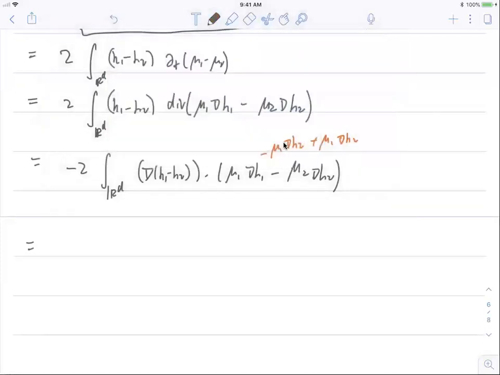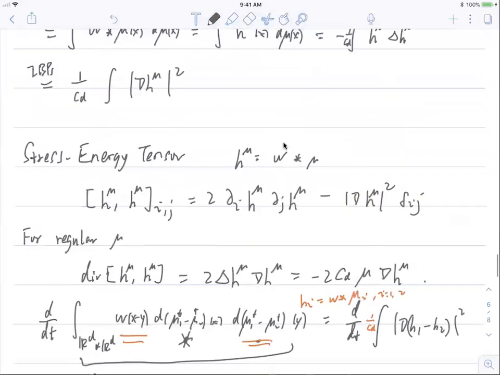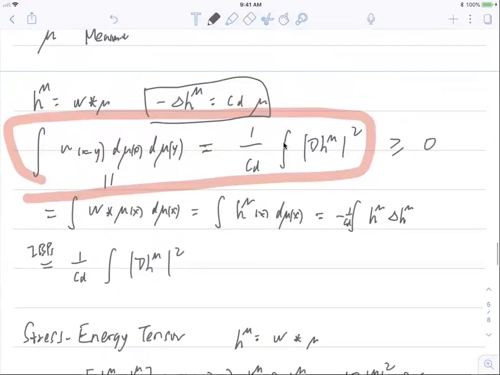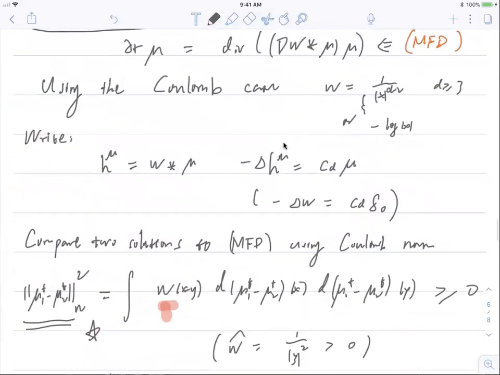So then we have two terms. H1 minus H2 squared, integrated against mu1, right? So then, I guess it's 2. Excuse me, let me just check that.